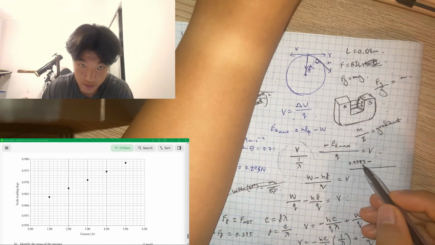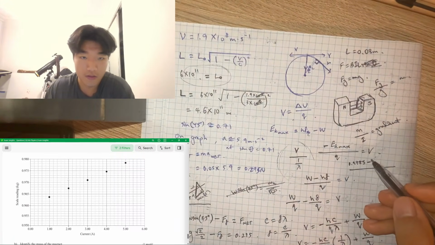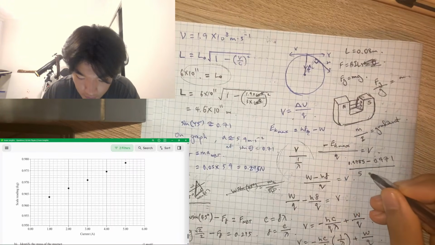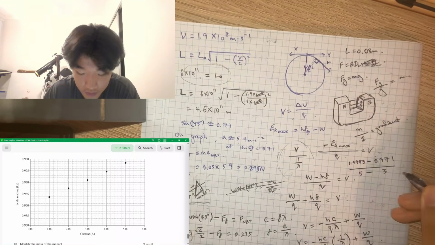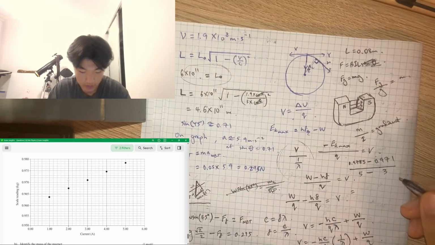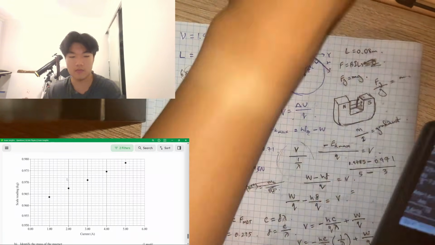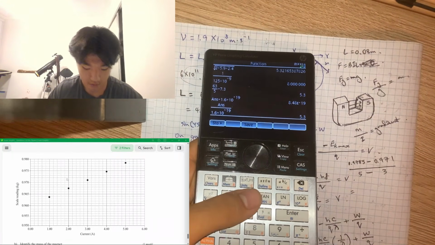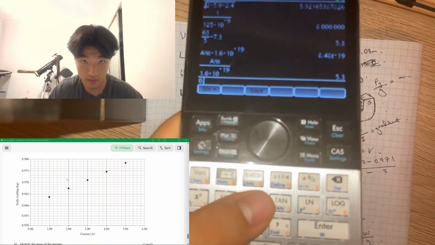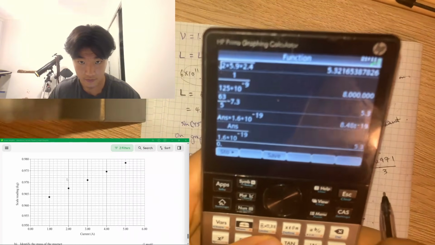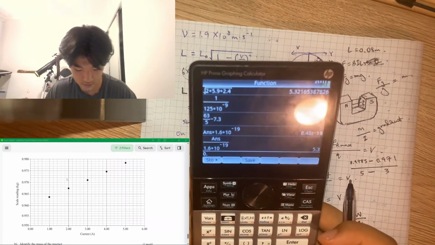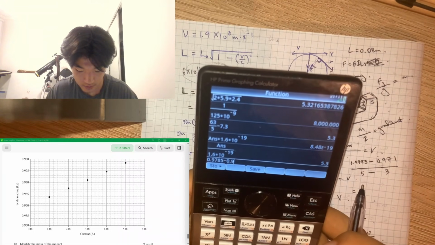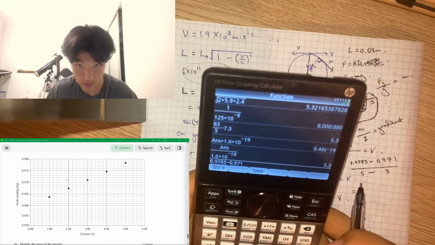So 0.9785, I've written that. And then the other point I was talking about was 0.7971. The first point was at 5, and the second point was at 3. Okay, so what's the value? Well, guess what? We put it in our calculator to determine the value. 0.9785 minus 0.7971.